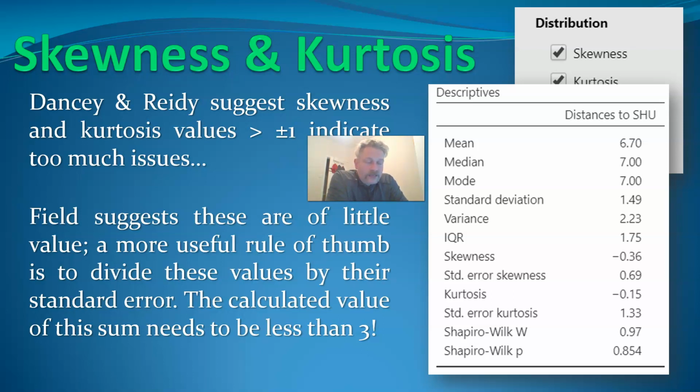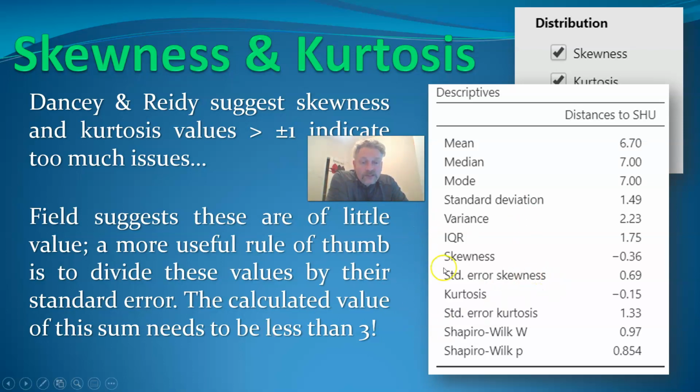Alternatively, if you read the Andy Field book, he suggests what you should do instead is divide the skewness by its standard error. We'll talk about standard error later in the semester, but think of this as a degree of measurement error: how close our participants, our sample, is to the population that we've gotten from.